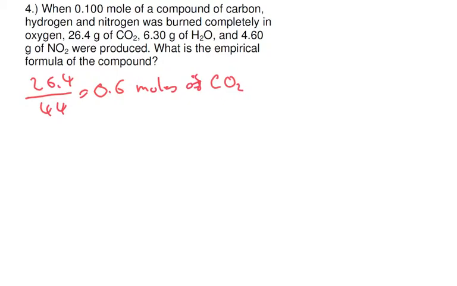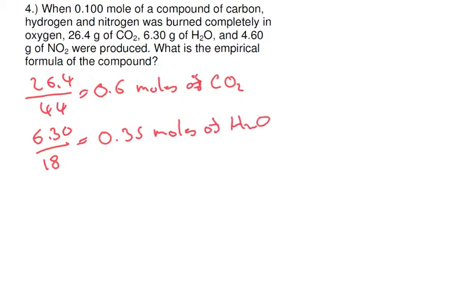Then water, 6.30 divided by 18, and we get 0.35 moles of H2O. And then remember, we want to know how much hydrogen we've got, so we can double this, and we find we've got 0.7 moles of just hydrogen by itself.